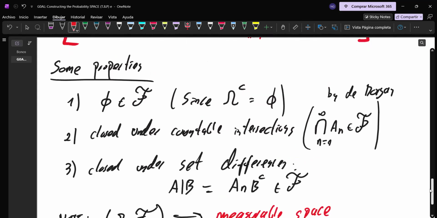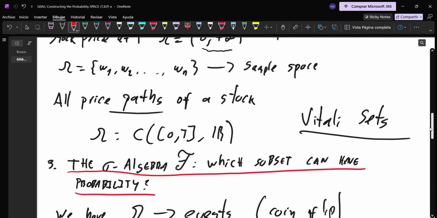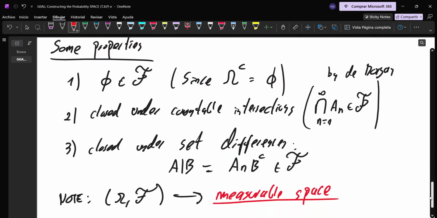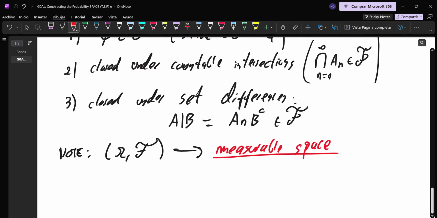We have the events, and I know that if the set of all my events, F, respects these properties, can I assign a probability? This space is a measurable space.